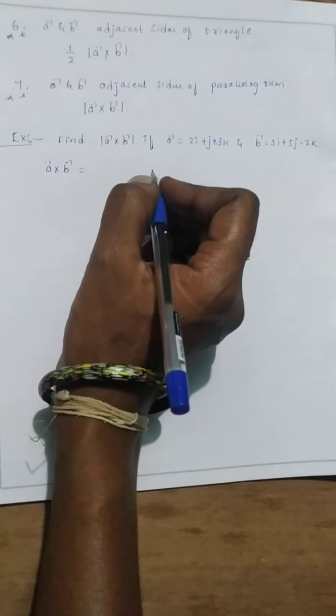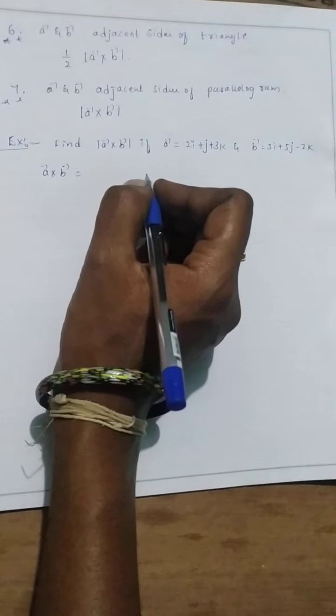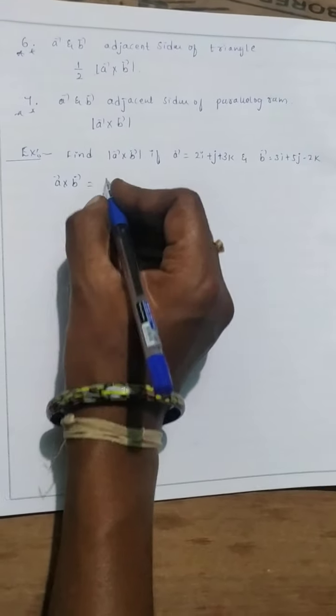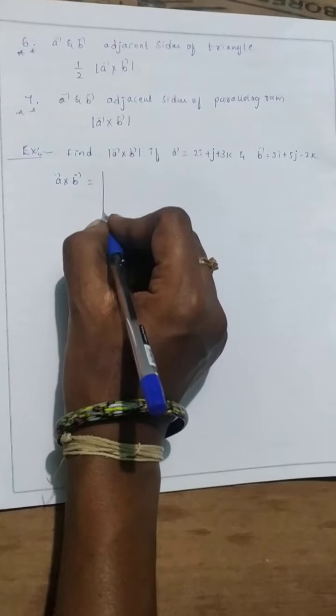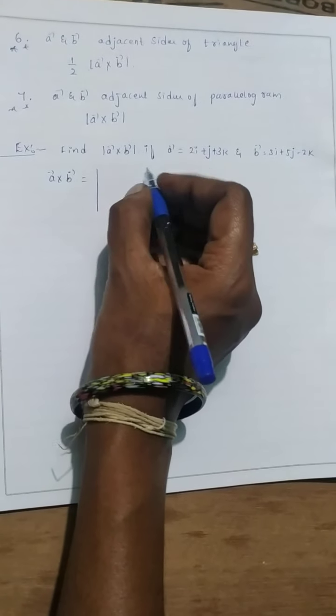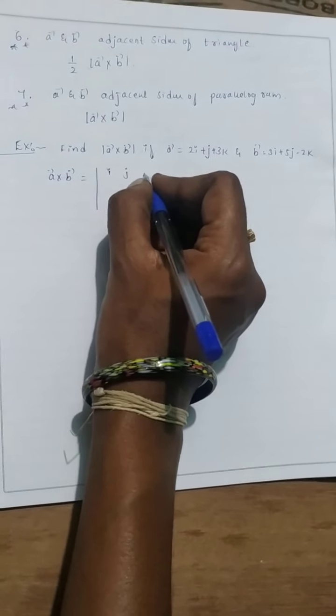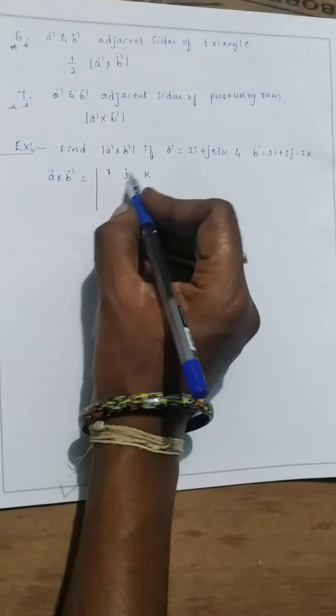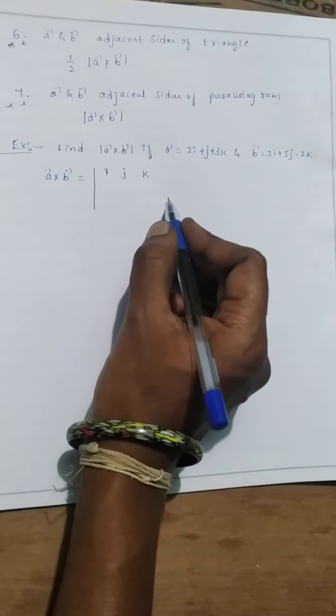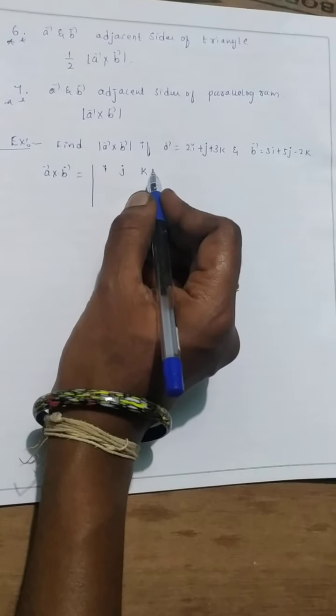How will you find the cross product? I didn't mention the definition, right? You should always write the first row as i, j and k, like a determinant. The first row is ijk.